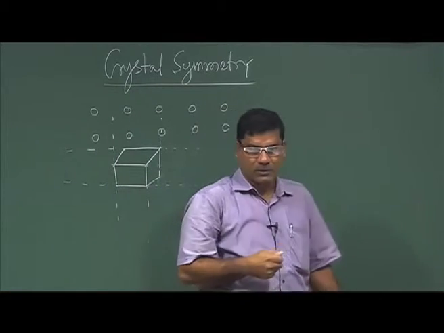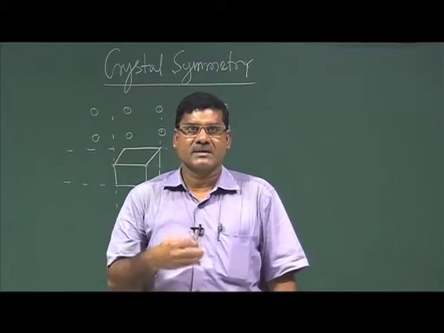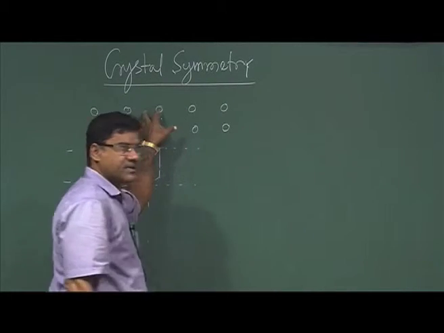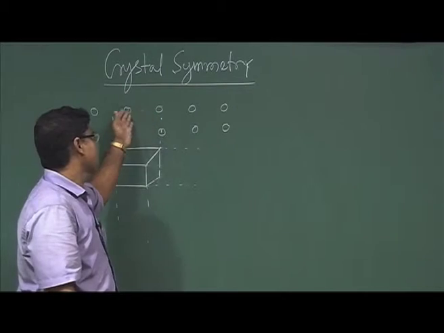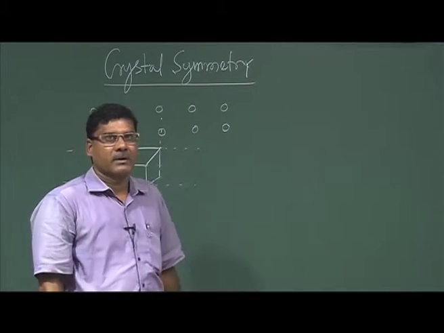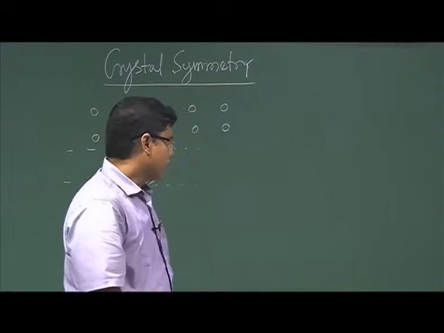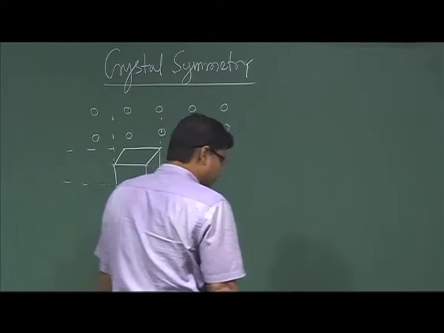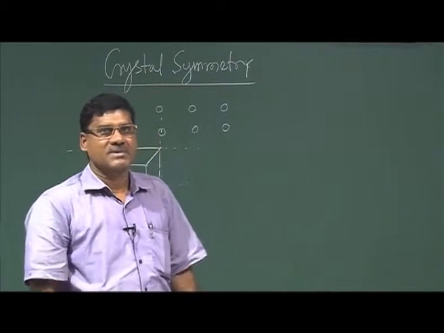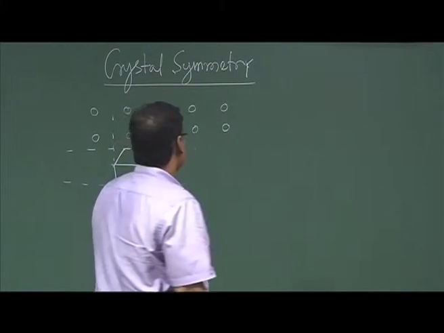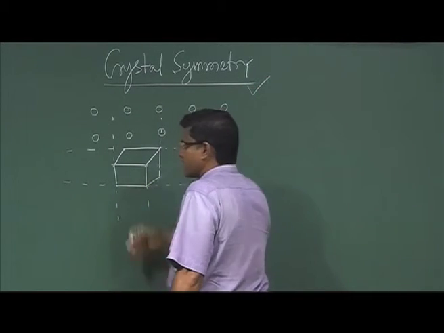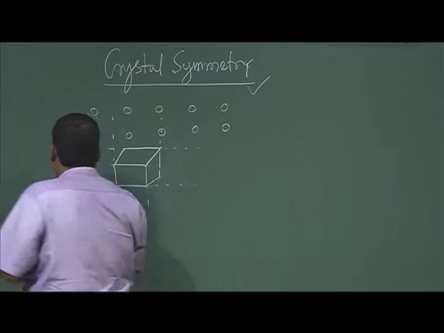What I want to say is that a crystal has periodic nature either in terms of lattice points or in terms of unit cells. Whenever any system is periodic in nature, it has some symmetry. So, a crystal also has symmetry because of this periodic nature.